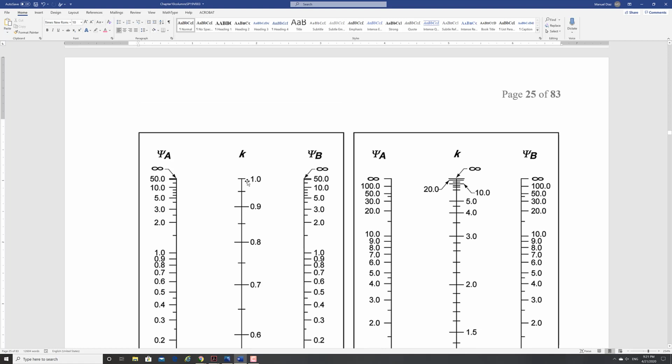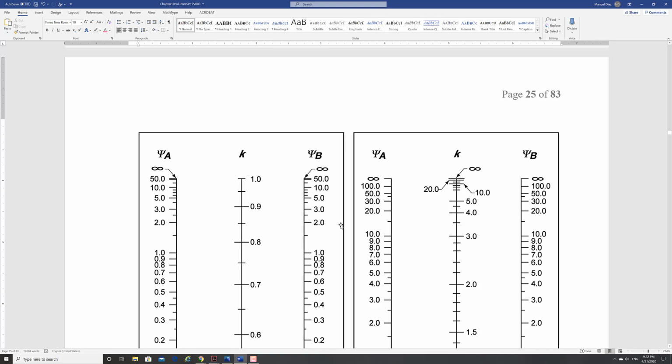If you use a k value of 1 and it passes, so it becomes non-slender, then whatever the actual value is, it's going to be even better, right? So then you're done.